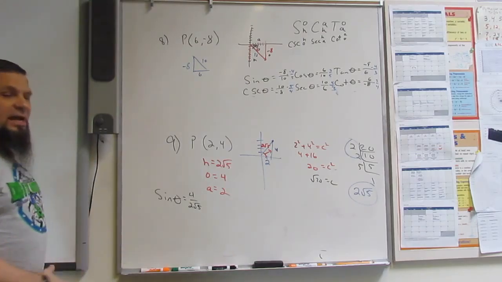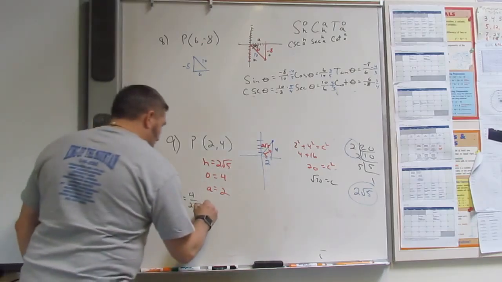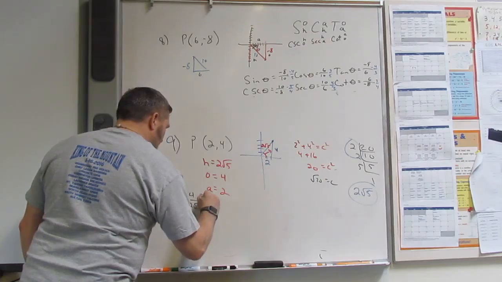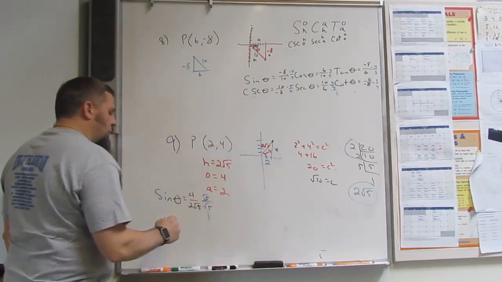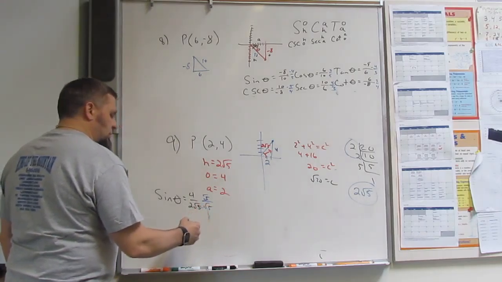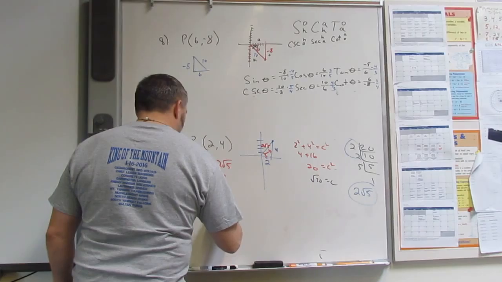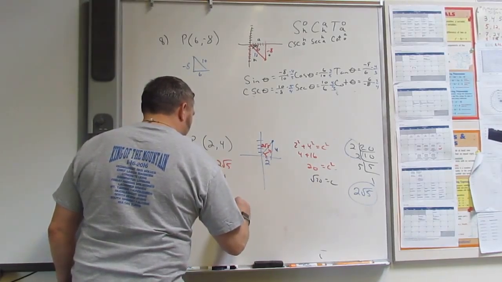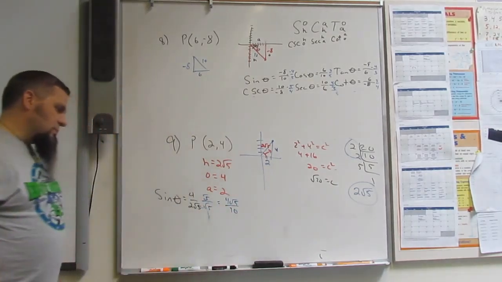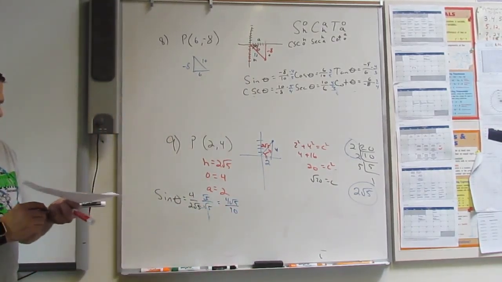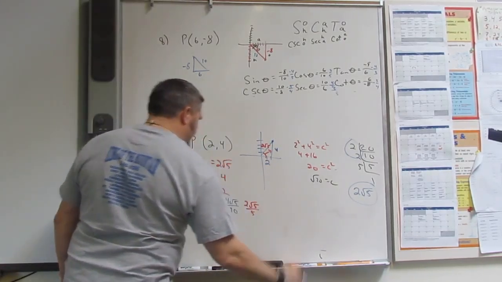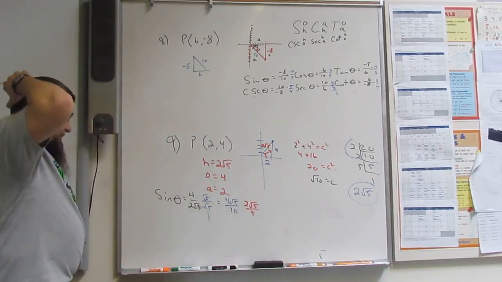But yet that cancels out the bottom. And so what happens is this becomes just 5. So we get 4 square roots of 5 all over 5 times 2, which is 10. And then we can reduce it. 2 square roots of 5 over 5. Okay?